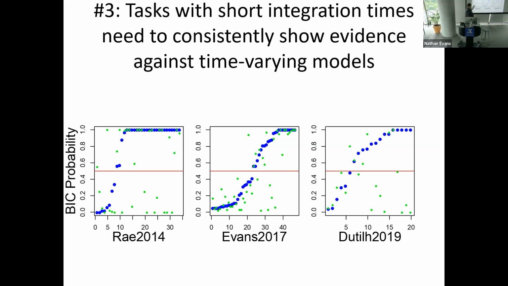This is BIC probability again, except now 1 is in favor of an effect between conditions, so a selective influence violation, and 0 is against it. Blue dots are the standard diffusion model, green dots are the time varying diffusion model. The key thing to note here is that a lot more of the green dots are in this no selective influence violation region than blue dots.